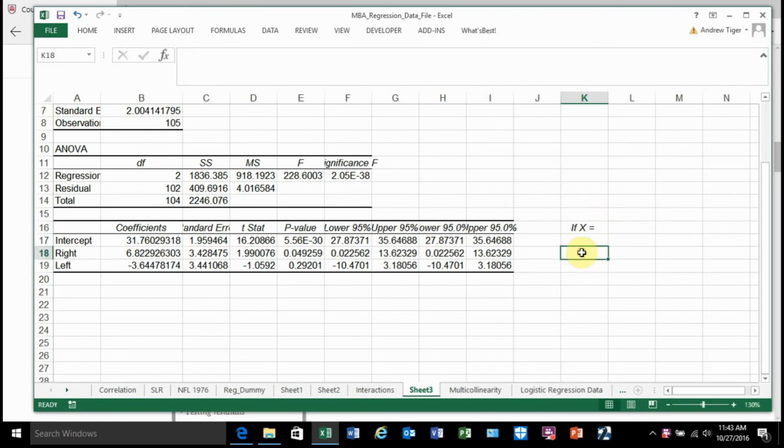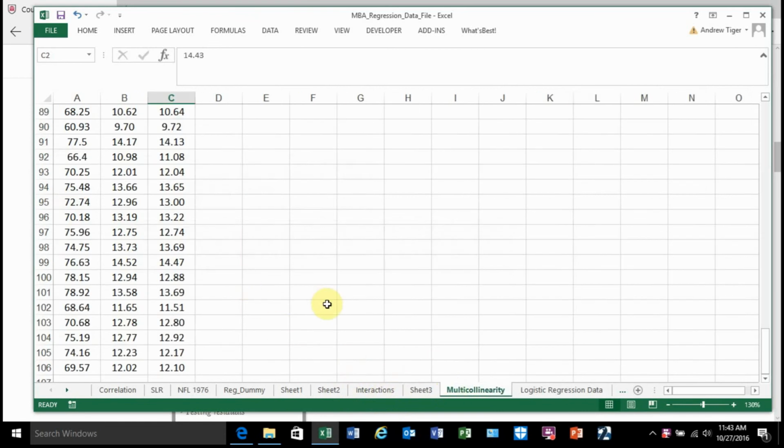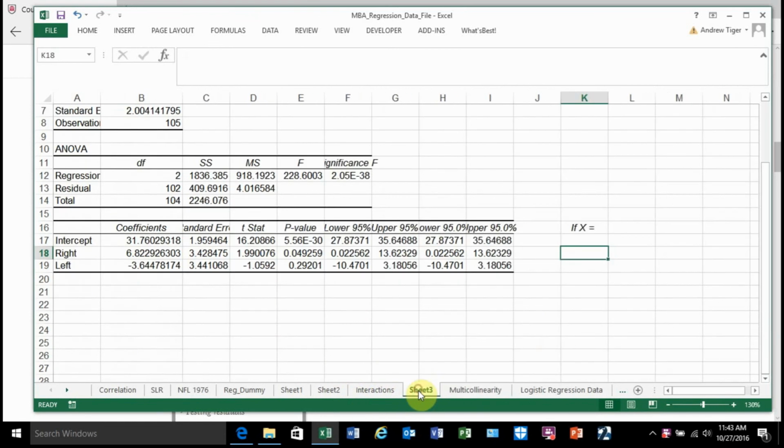So if our right foot length, I don't even know what these measurements are. Let me, 12, 13, 14, okay. So if the right foot was like 12, whatever the units of measure, and the left foot, because it's allowing me to put these in independently, I could do something like that.